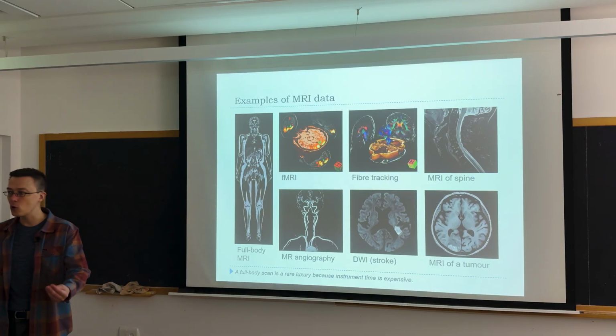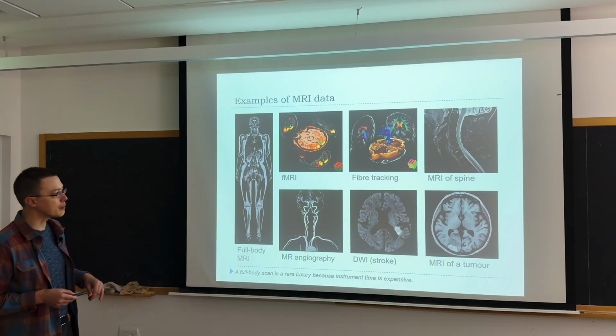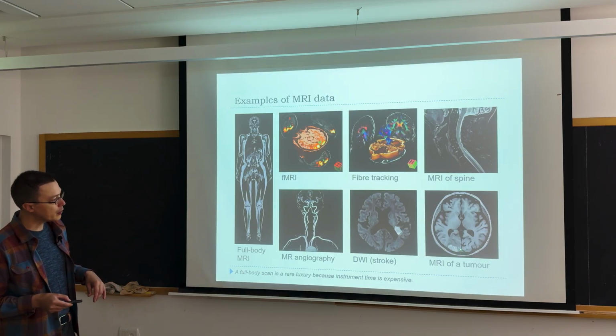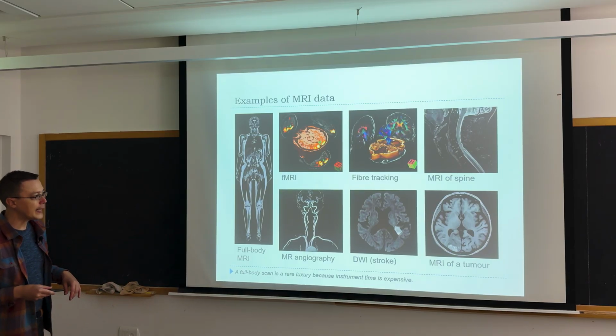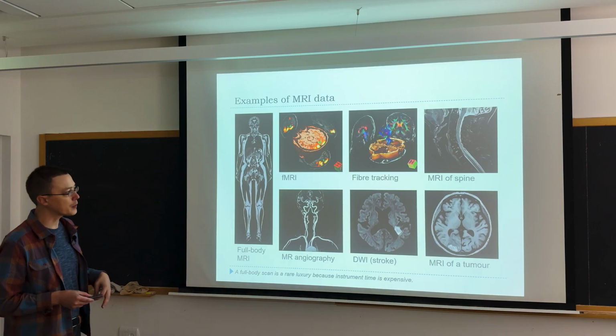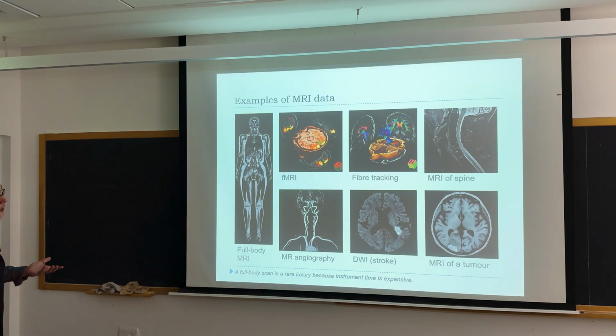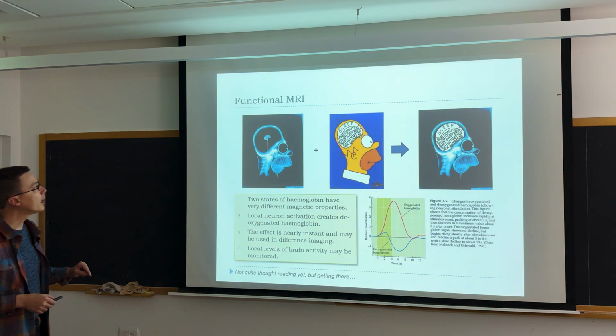If you have a stroke, blood enters the brain and you can see a change in magnetic properties. And then MRI of a tumor here. Again, gross abnormalities in physiology change the local magnetic properties of the tissue and you can spot it. And this is the current state of the art in there. In fact, the MRI facility here at the Institute is one of the best in the world.